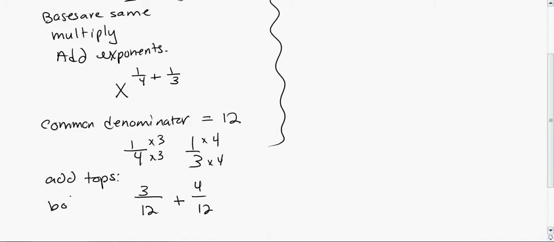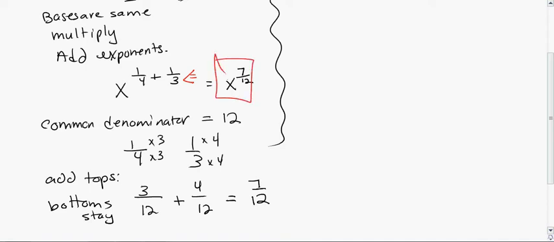The bottoms are going to stay the same. So 3/12 plus 4/12 becomes 7/12, and that's going to be my exponent. My final answer is x to the 7/12.